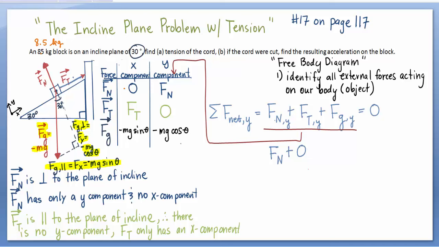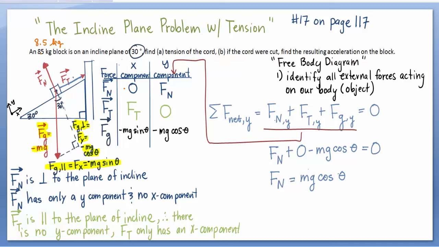And so now we're back to plus the negative of mg cosine theta as our y component of the gravitational force. And we can set that equal to 0, and we can solve. So Fn is equal to mg cosine theta.